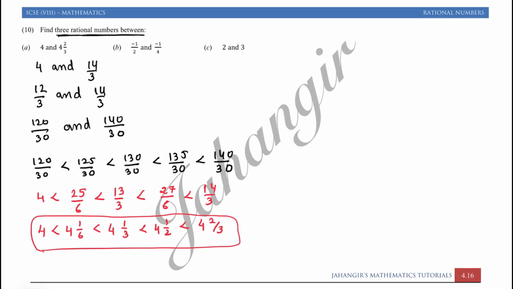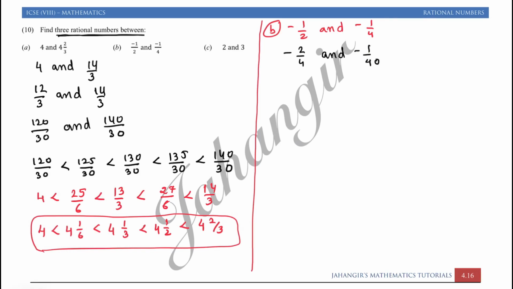Now pause the video, write it down. Next question I am doing is B. B में I have minus 1 by 2 and minus 1 by 4. So make the denominator same. It's minus 2 by 4 and minus 1 by 4.